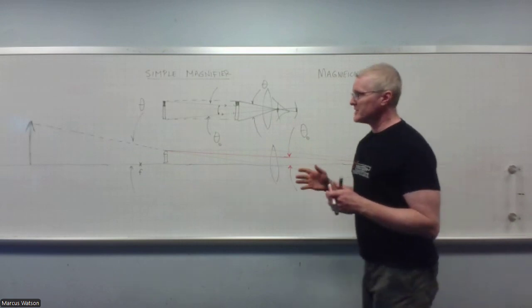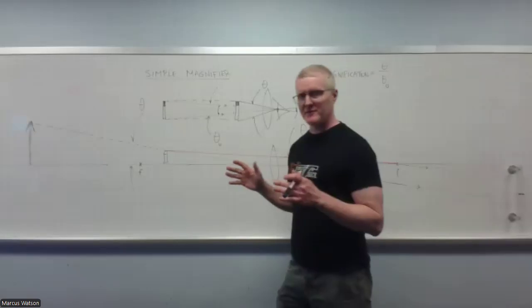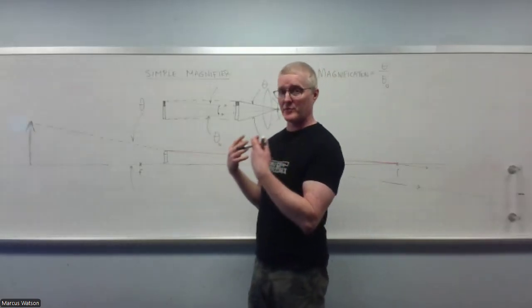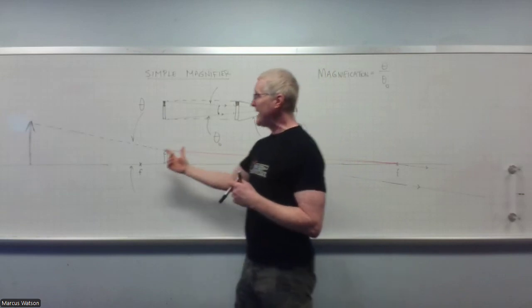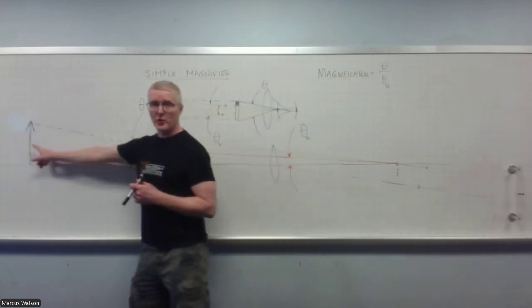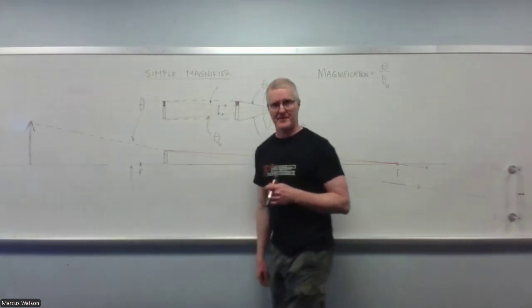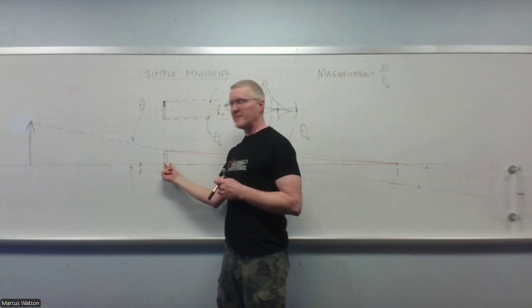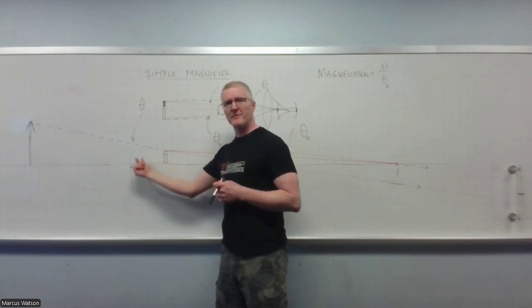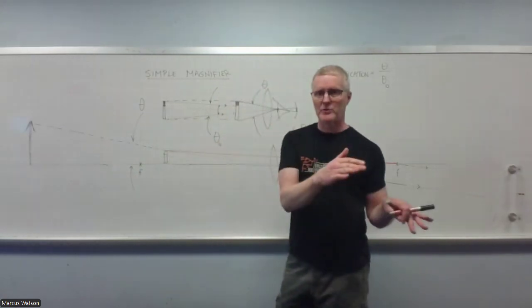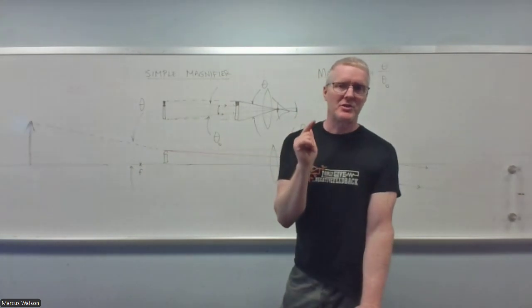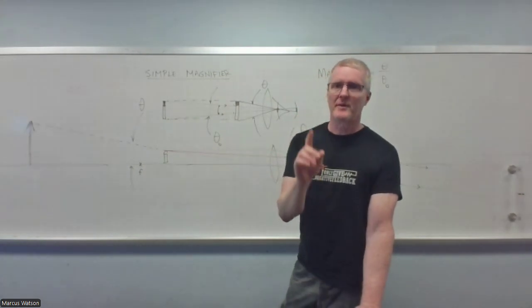The reason we do this, as I was saying, the lateral magnification fails us because if we have a relaxed eye, we can take that image, the one that's formed by the lens, and put it at infinity. In other words, what happens when this object is sitting directly on top of the focal point? We know that makes parallel outgoing rays, and therefore we would say there's no image formed.